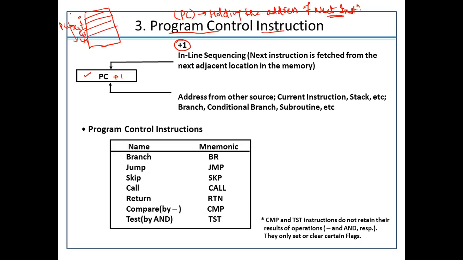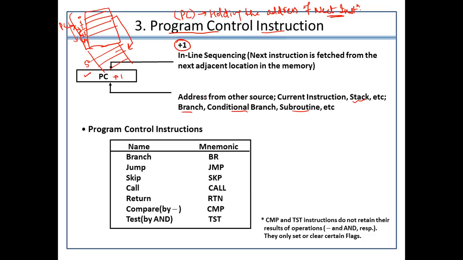But it's not always the case that your instructions will be executed in a properly sequenced manner. Sometimes your instruction needs to jump from the second address to, let's suppose, the 50th address. Yes, it can be the case. Such instructions fall under the categories of branching, conditional, subroutines, or maybe stack as well.